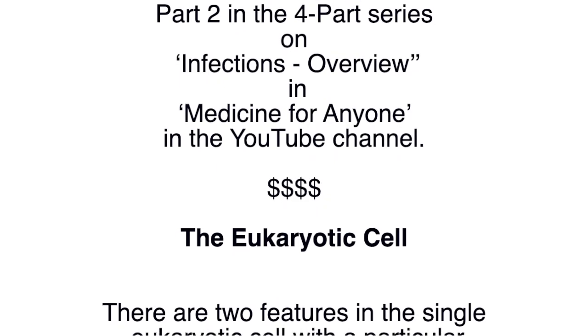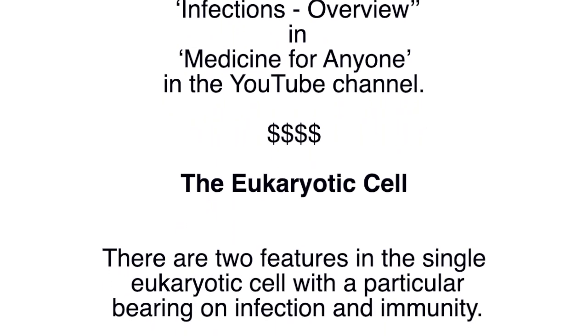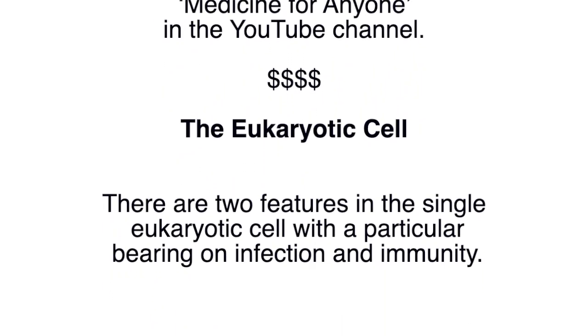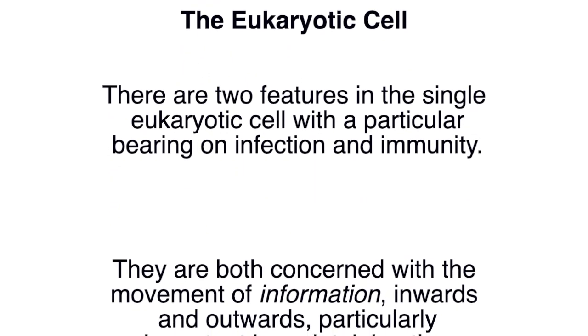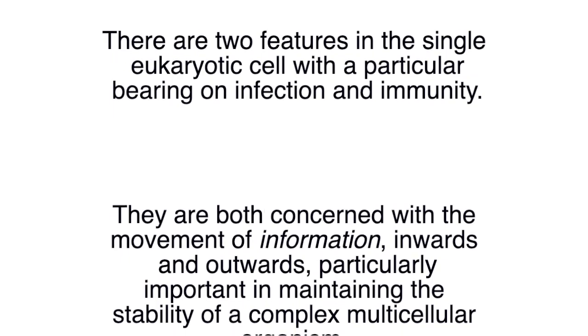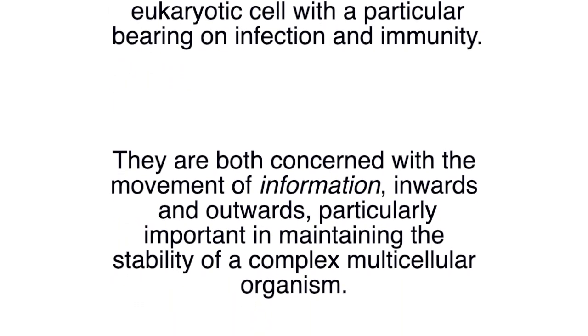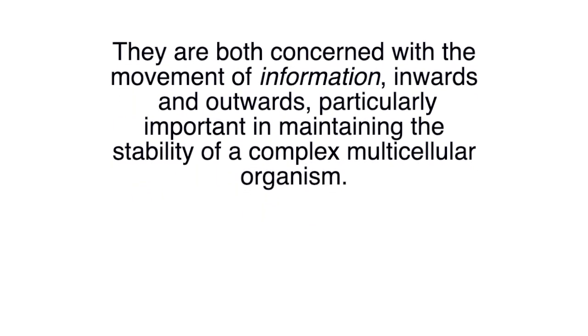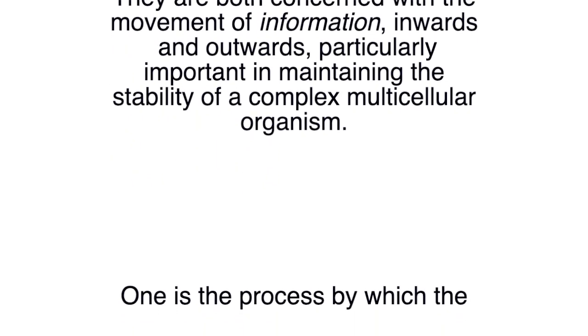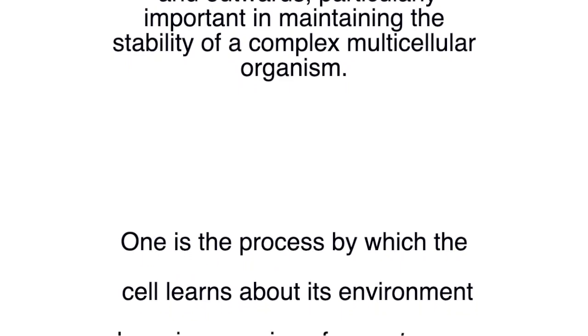There are two features in the single eukaryotic cell with a particular bearing on infection and immunity. They are both concerned with the movement of information inwards and outwards, particularly important in maintaining the stability of a complex multicellular organism.